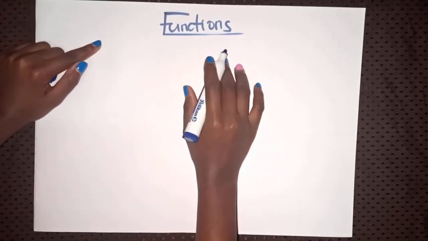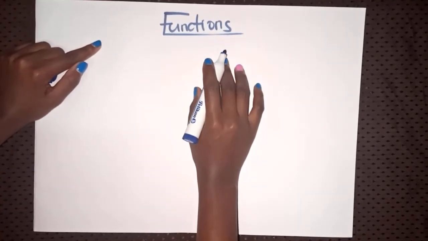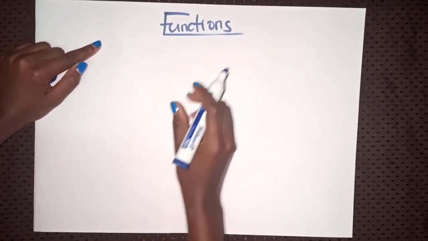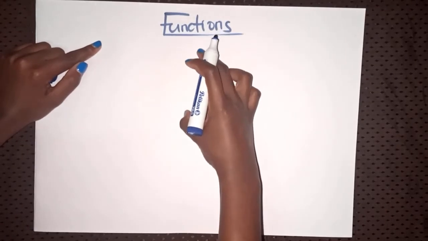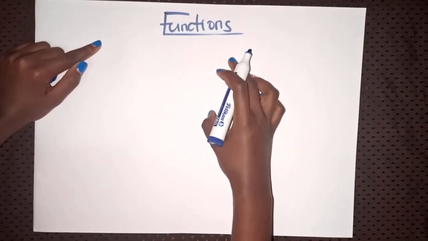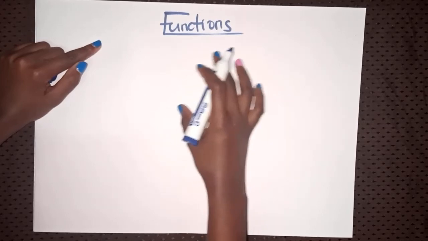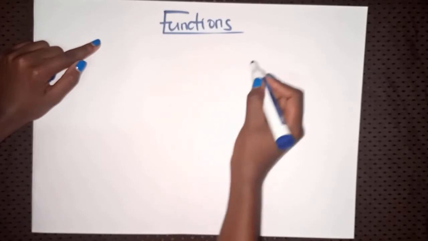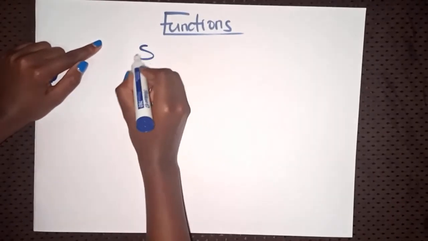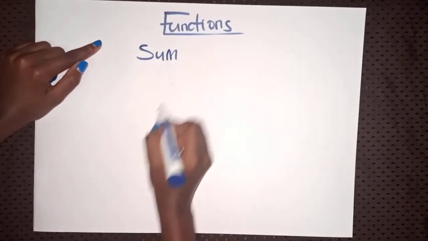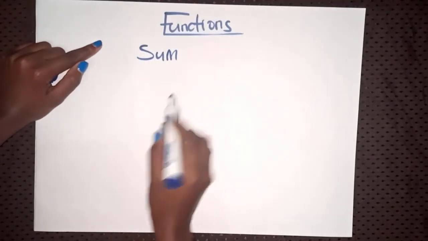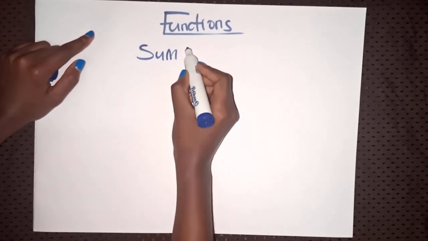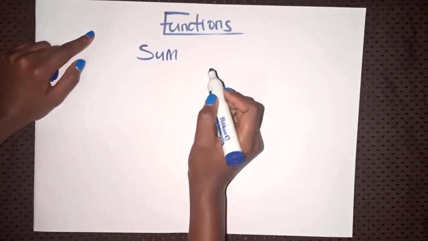So for this, functions. When you're talking about the concept, a function is just a block of code that is organized in a way that it works to perform a given action. When you're talking about a function, let's say sum. Sum is normally something very usable when discussing functions.